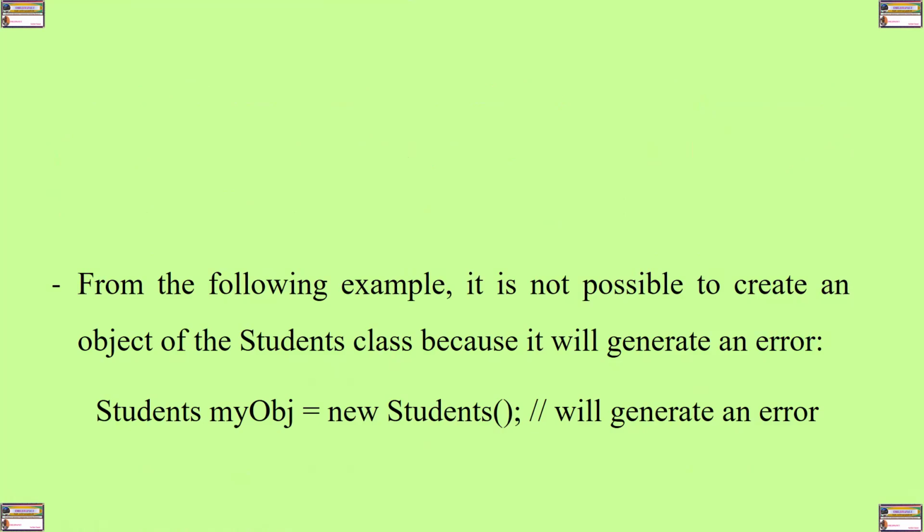So, from the following example, it is not possible to create an object of the students class because it will generate an error. If you write a statement like students, myObject equals new students, you have an error. Why? Because students will be abstract.